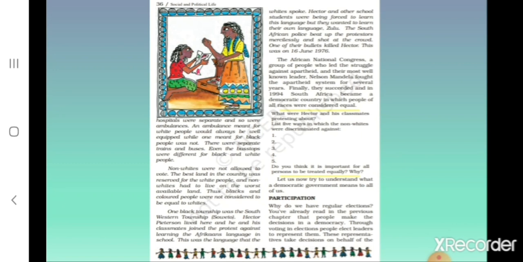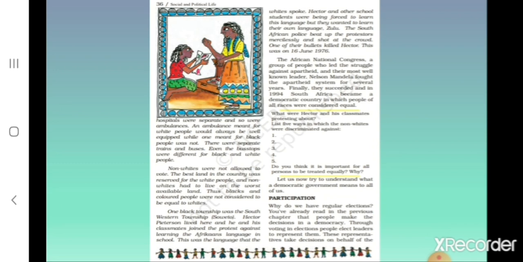And under apartheid, non-whites were not allowed to vote, and they were discriminated against, and they were given the worst available land in the country, whereas the best land in the country was reserved for the white people. Thus, blacks and the colored people were not considered to be equal to whites.